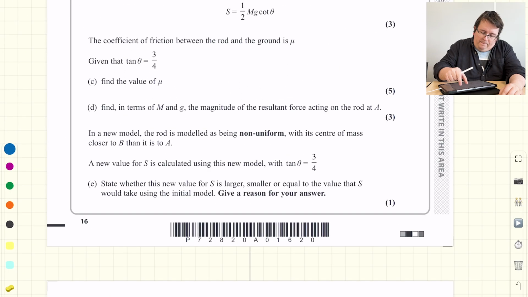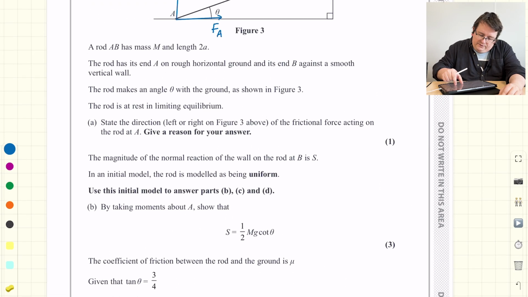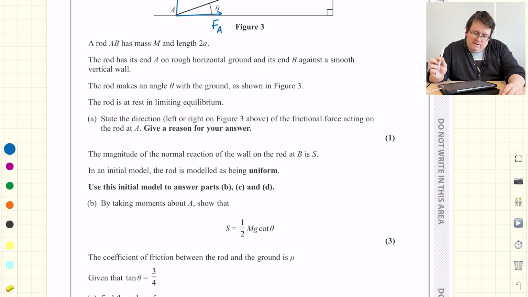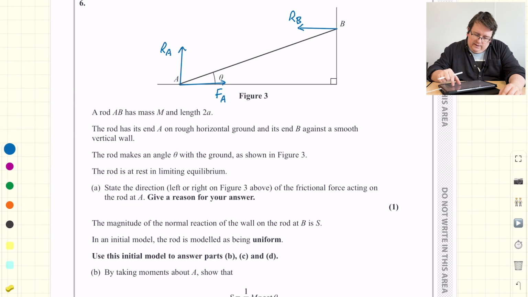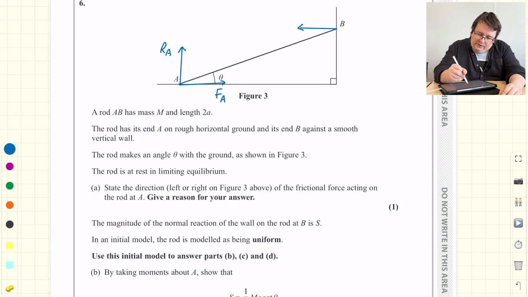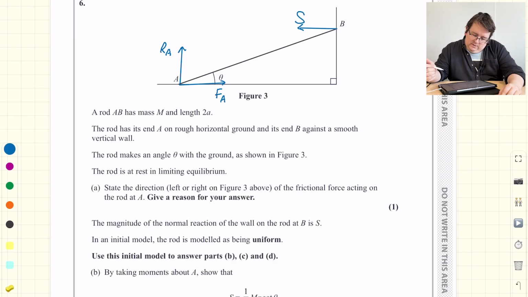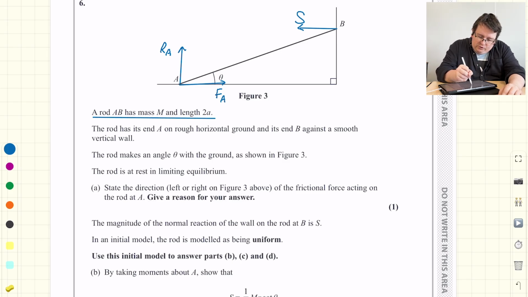Okay, B. Where are we at? The magnitude of the normal reaction of the wall on the rod at B is S. Oh, I called it RB. Okay, let's call it S then. In an initial model, the rod is modelled as being uniform. Use this initial model to answer parts B, C, and D. Okay, so I was waiting to include this information on my diagram until I knew whether it was uniform or not.